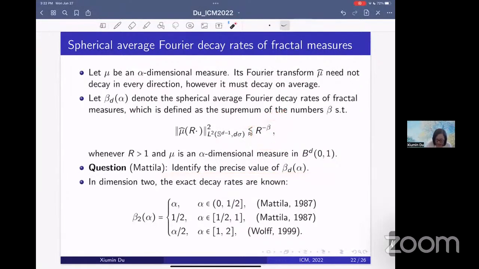In dimension 2, the exact decay rates are known. When alpha is smaller than 1, this result is due to Mattila. And when alpha is greater than 1, this result is due to Wolff using a bilinear restriction method.